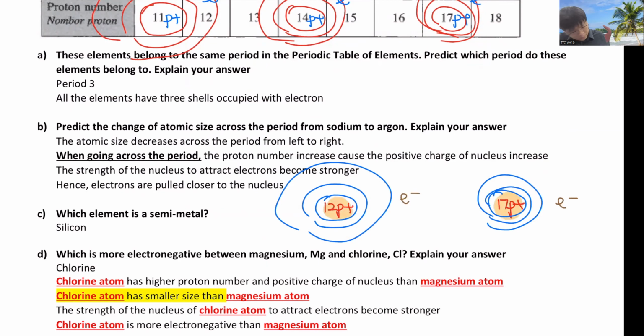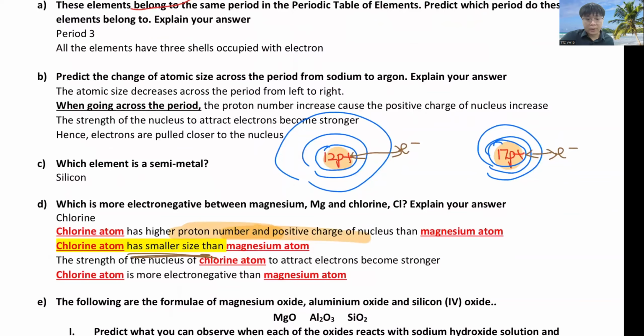It has more protons, so the positive charge is higher. Second reason, this one is also smaller in size, easy to attract. This one is bigger, harder to attract. So both factors make the strength of the nucleus to attract electrons stronger, so it attracts electrons more easily compared to magnesium.